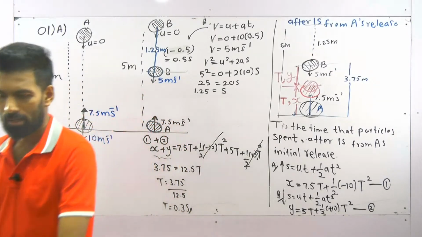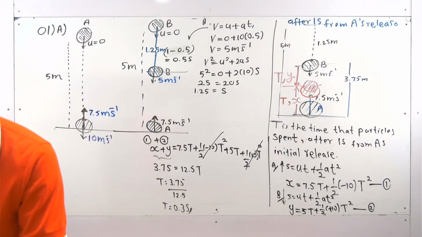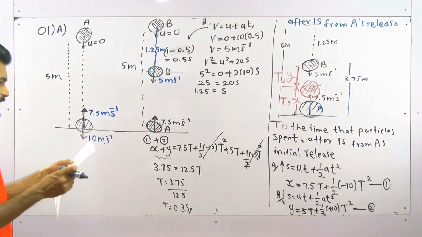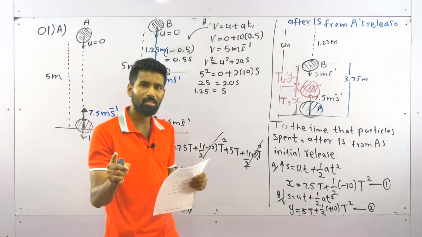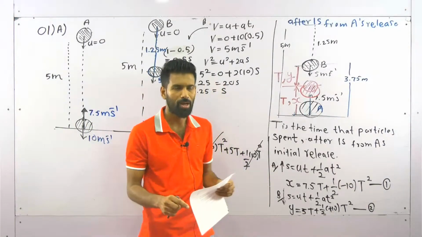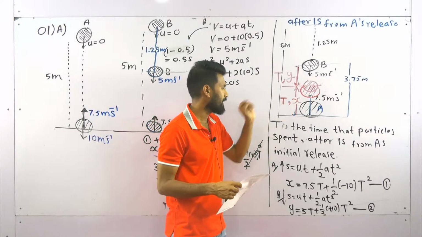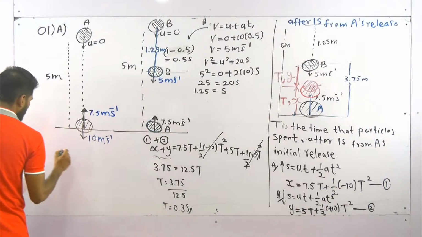Okay, now I'll go to answer the question that they ask. They ask the distance traveled by A when it collides with B. What is the distance traveled by A when it collides with B? To do that, initially I had to find x. Now I'm going to find x.